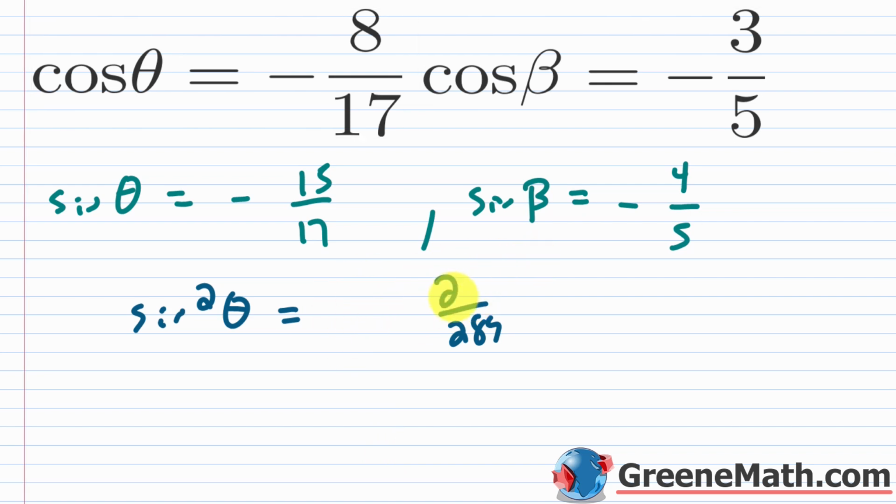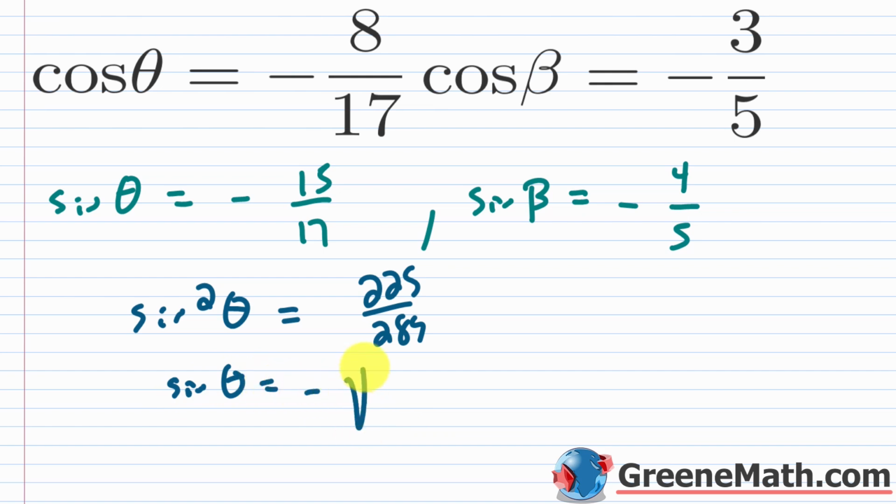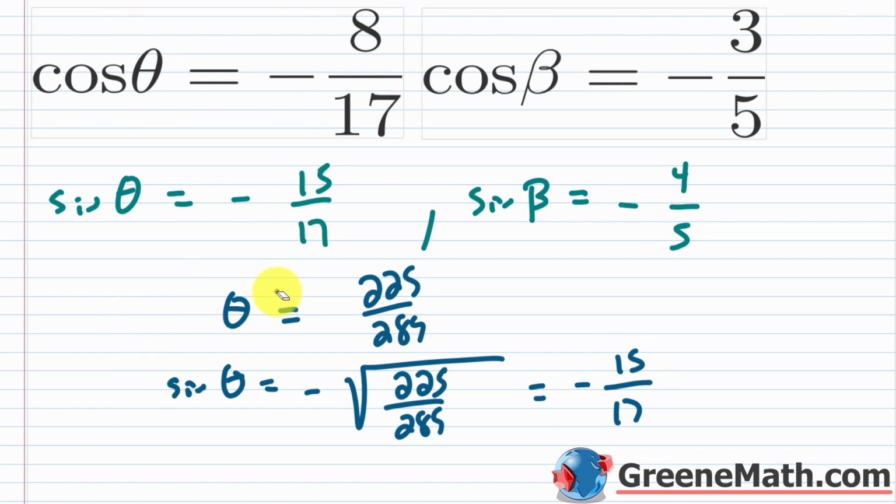So this right here would be 225 over 289. Now, because we're in quadrant 3, you want the negative square root. So you would say the sine of theta is equal to the negative of the square root of 225 over 289, which would be negative 15 over 17. So again, if you don't get the shortcut or you don't realize it right away, you can just do it the long way. It's not that big of a deal.